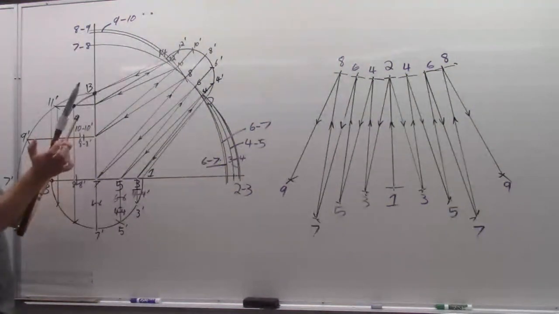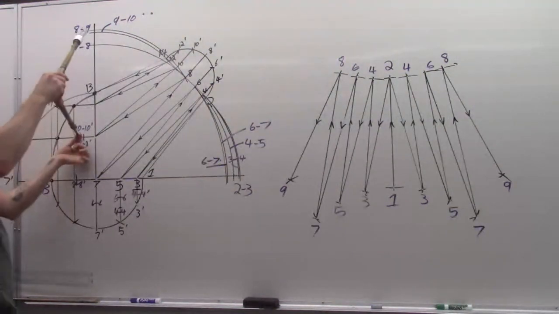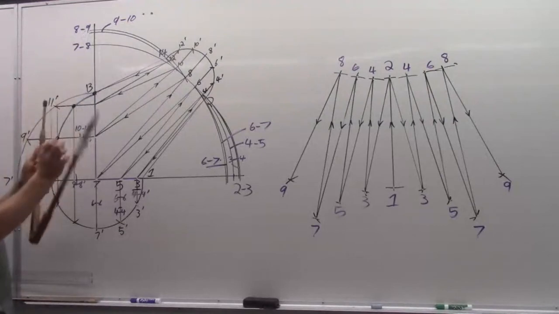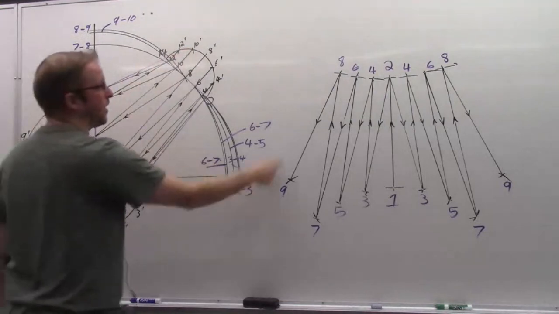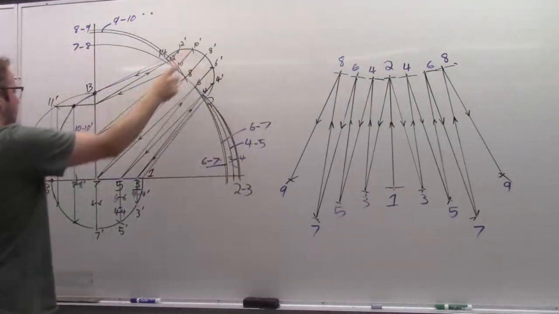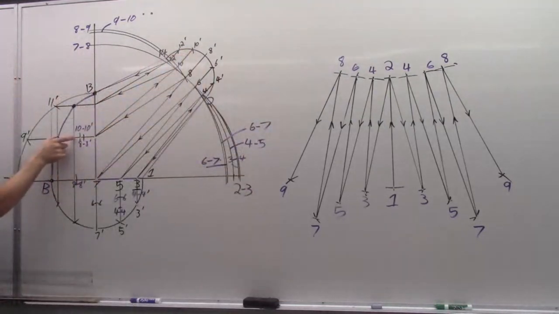It's the calm before the storm. So the 10 I took from here, because we're still at 9, I'm trying to go from 9 to 10, I've got to bring 10 down to 9 again. So I brought that over right to there, 10 to 10 prime.